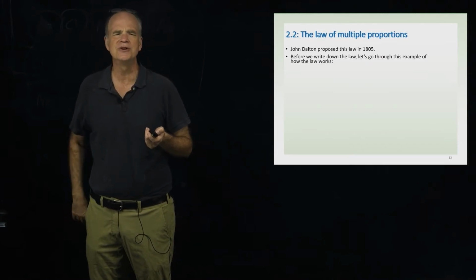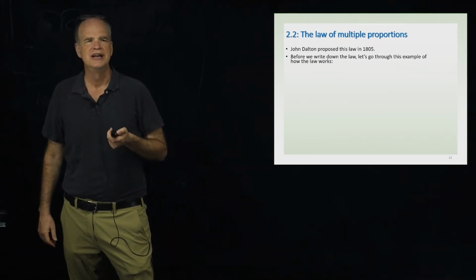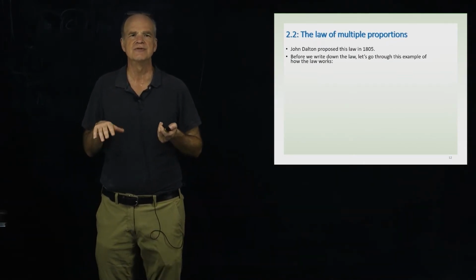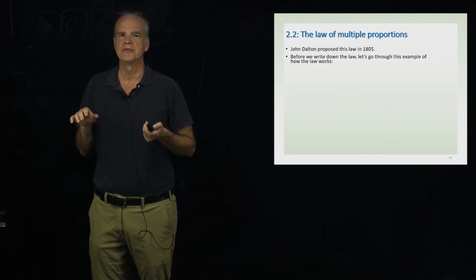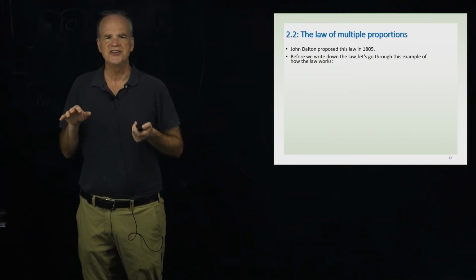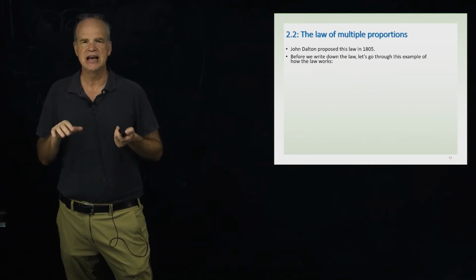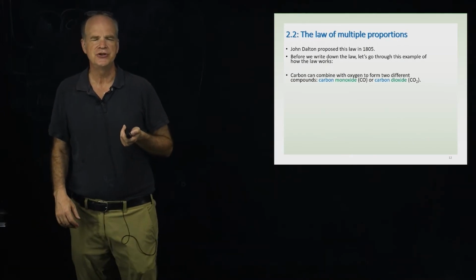Okay, so now a little bit trickier law to go through is called the law of multiple proportions. This was another piece of information that John Dalton was considering when he was thinking of his atomic theory, and he actually thought of the law of multiple proportions. So I think maybe the best way to describe that to you is for me to go over a specific example of the law. Here, let's imagine two elements.